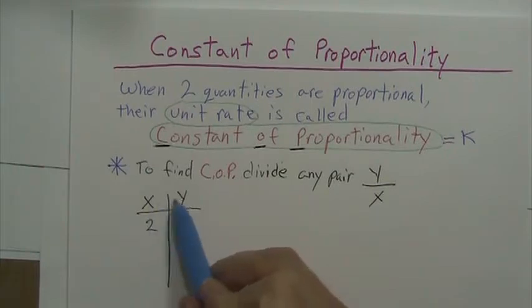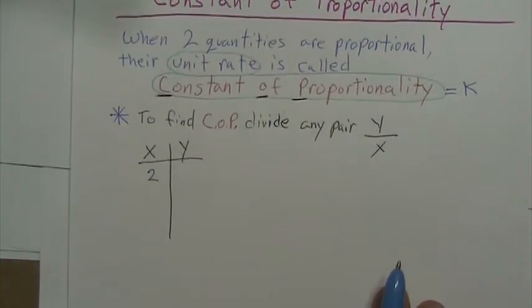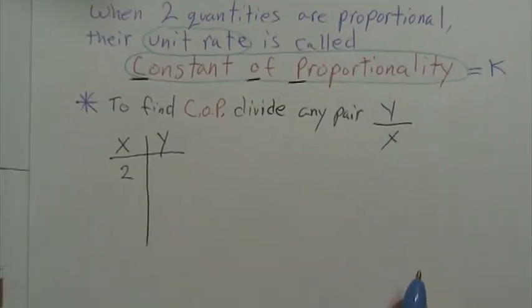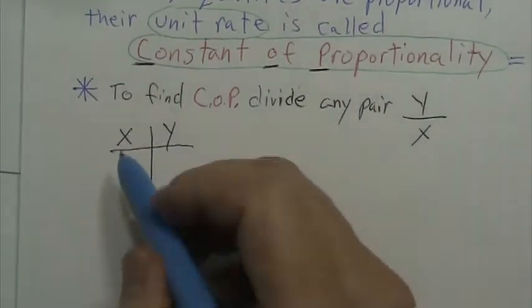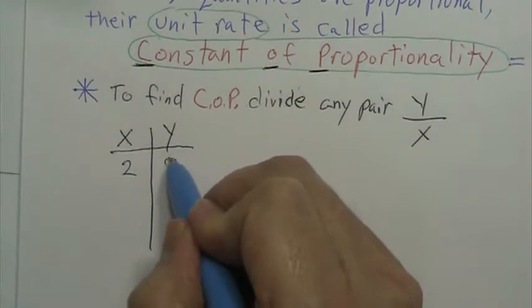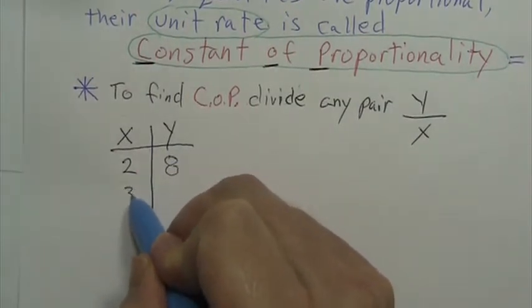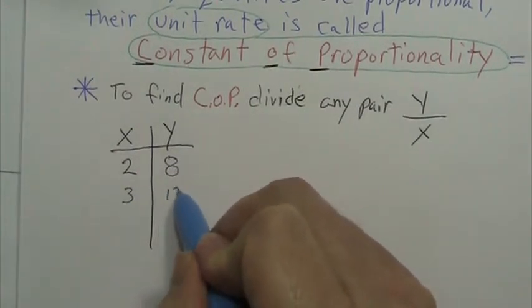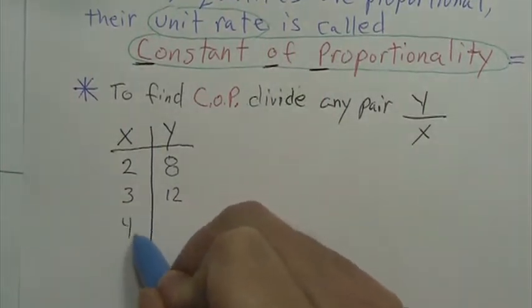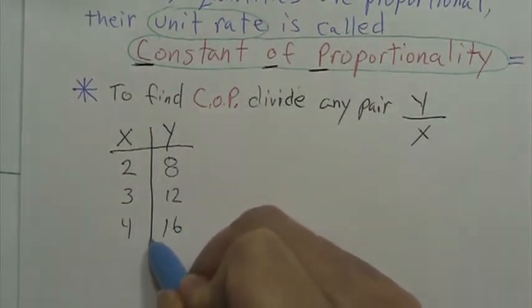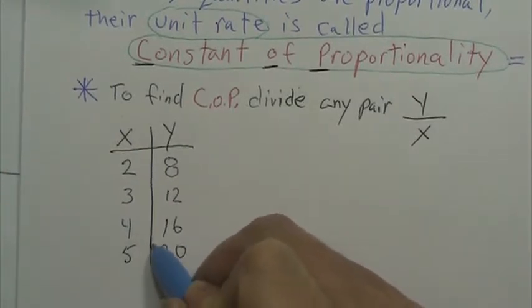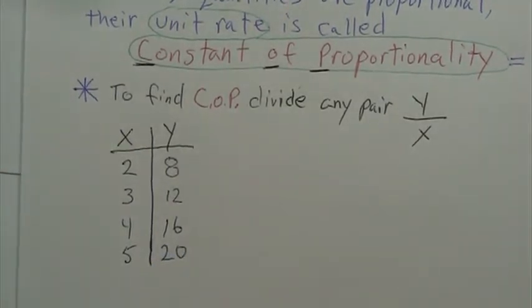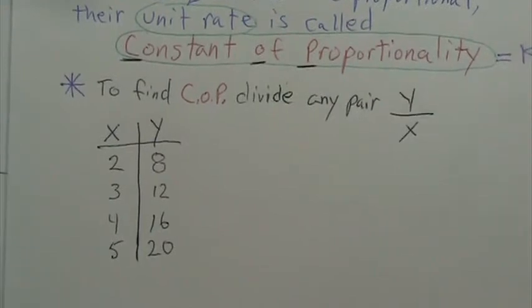Okay, so I'm just going to make a little table here. It's not going to take up too much room. Little XY table, and I'm going to put 2, 8, 3, 12, 4, 16. I'll put one more in there, 5, and 20. We'll use this to illustrate.